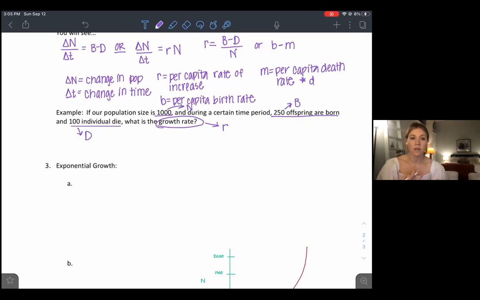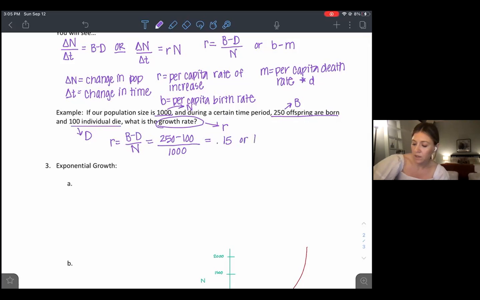Okay, so looking at everything that we're given and looking at what we're solving for, we know that we can use R equals B minus D over N, and then just plug in the numbers that we're given. Okay, so again, 250 minus 100 over 1,000, and that should give us 0.15, okay?